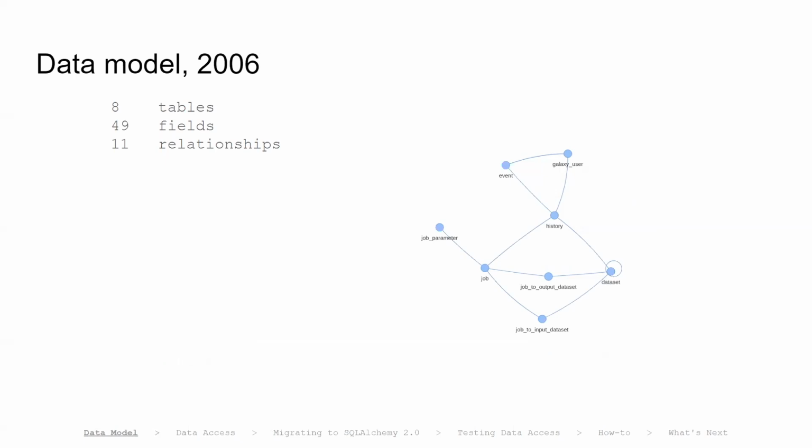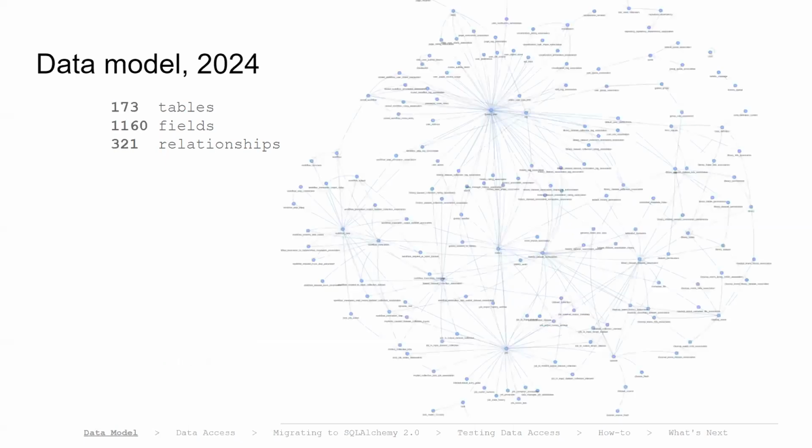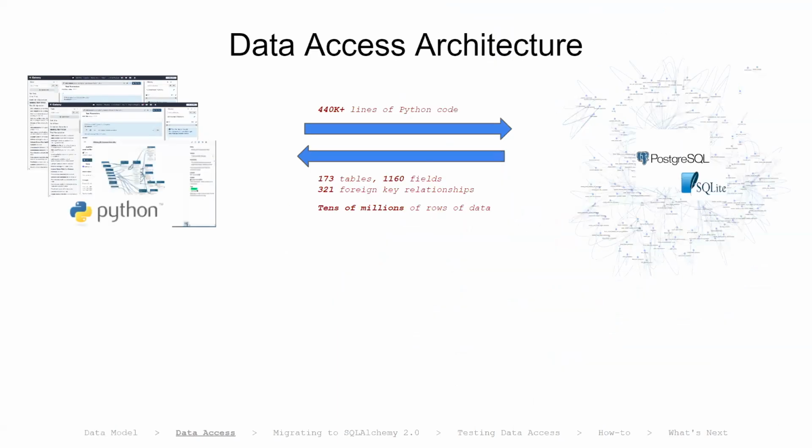Over the following years, database objects were dropped, added, altered, and today we have 173 tables with 1,160 fields and 321 relationships among them. The point of this is that almost everything is connected. So it's really impossible to touch one part of the model without potentially affecting everything else.